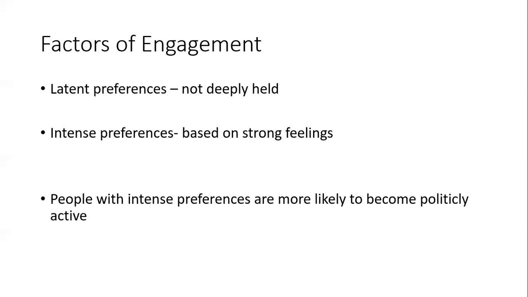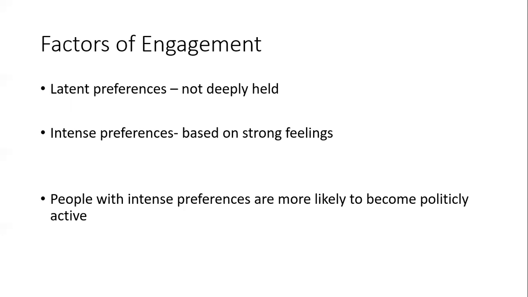Last thing we're talking about is factors for engagement. Many people hold latent preferences, like, hey, I think this should happen, but it's not an intense preference. It's not something that they really feel all that strongly about. And so when people are dealing with latent preferences, typically they're less likely to be politically involved, versus an intense preference, where they're typically more likely to get politically involved.